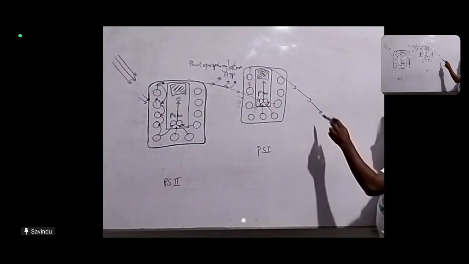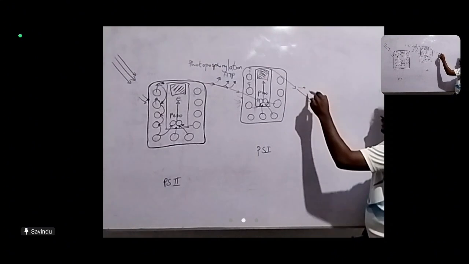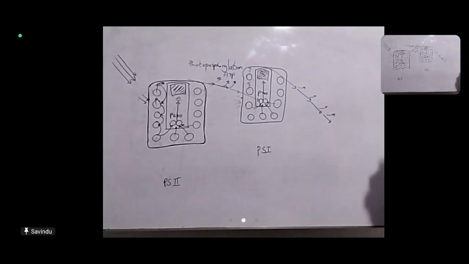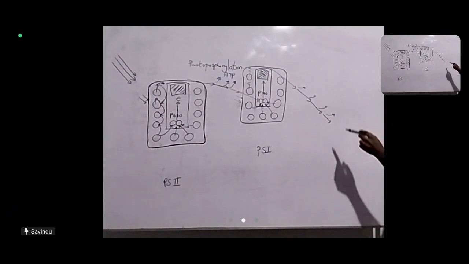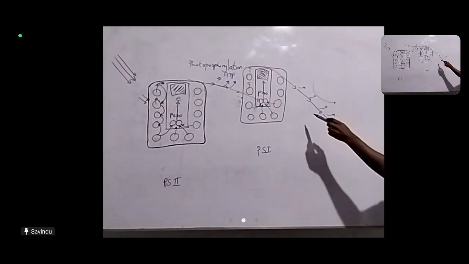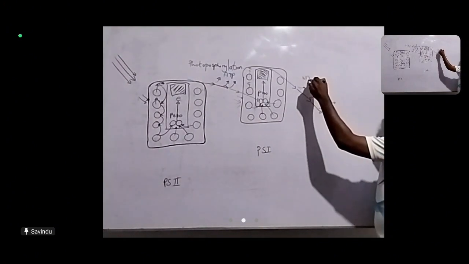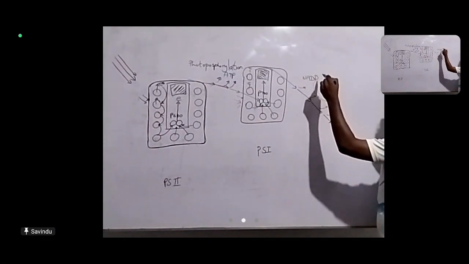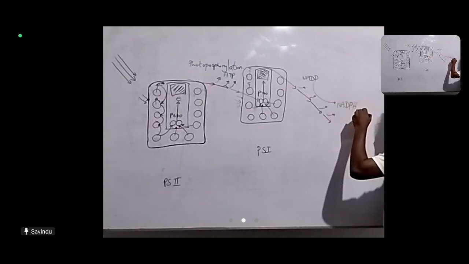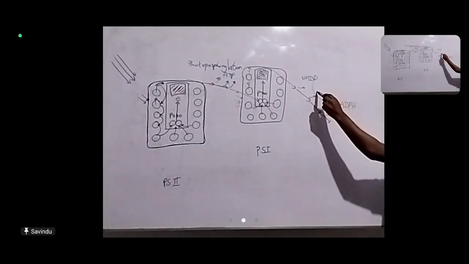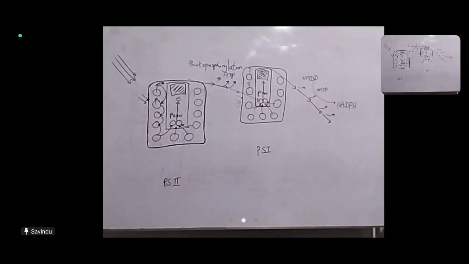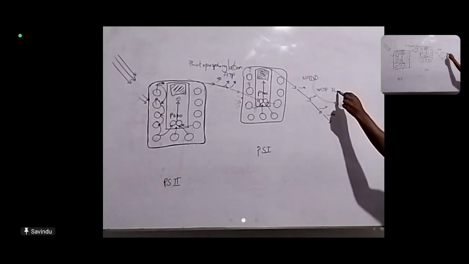The energy is released. How is the energy released? There is a process that happens. NADP turns into NADPH. This reaction is stimulated by NADP reductase.